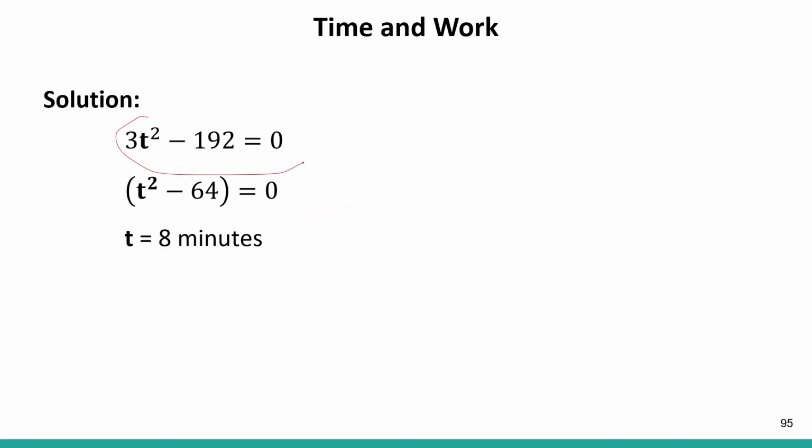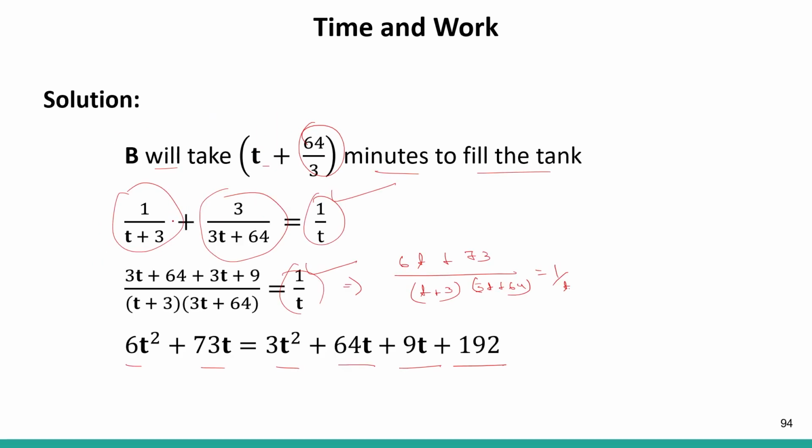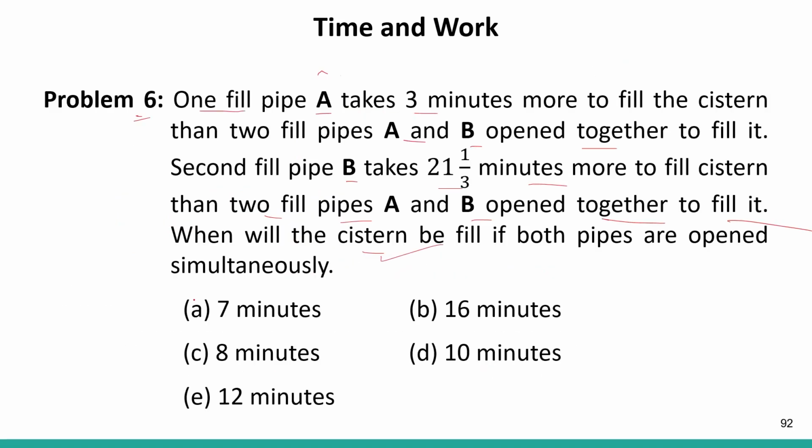Solving it further, 3T² minus 192 is equal to 0, so T² minus 64 is equal to 0. So T is equal to 8 minutes, which will be the correct answer. Among all the options, option C is the only correct one. A, B, D and E are wrong answers.